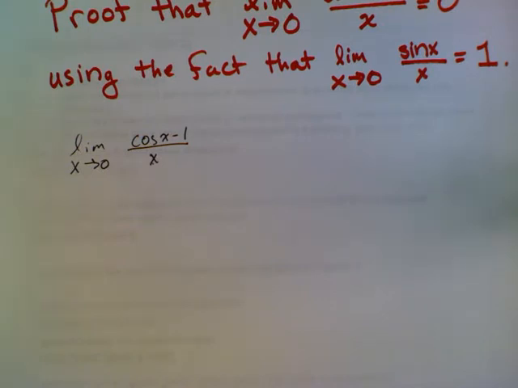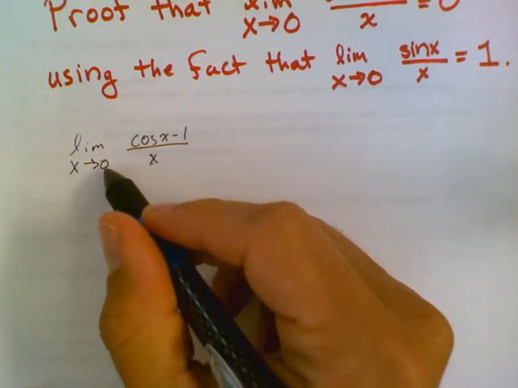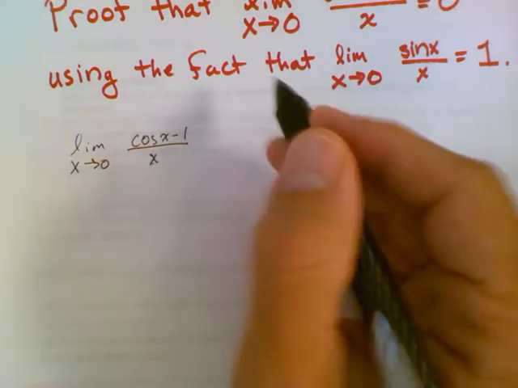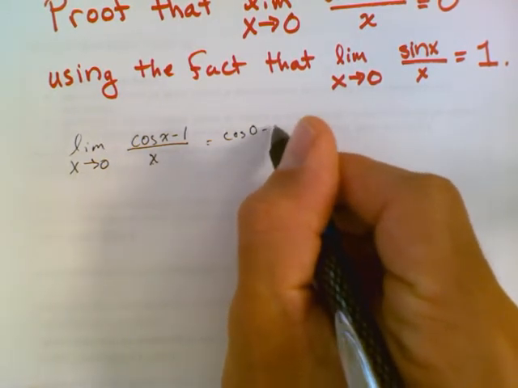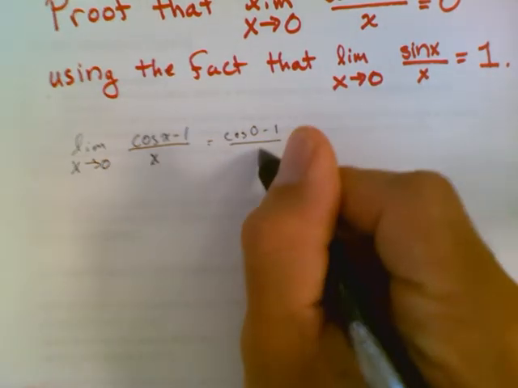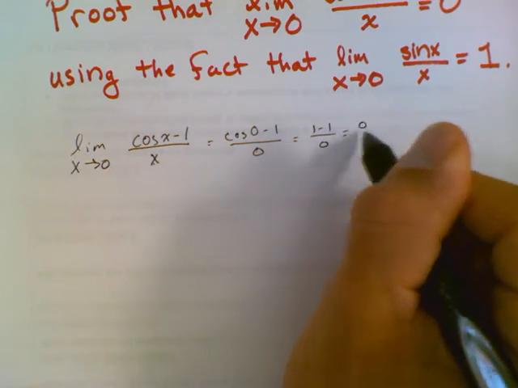That should look pretty familiar because we know something about Pythagorean identities. First, let's substitute in 0. You would get cosine 0 minus 1 over 0, and that's 1 minus 1 over 0, an indeterminate form.